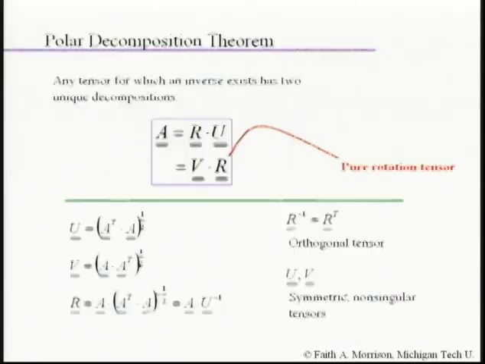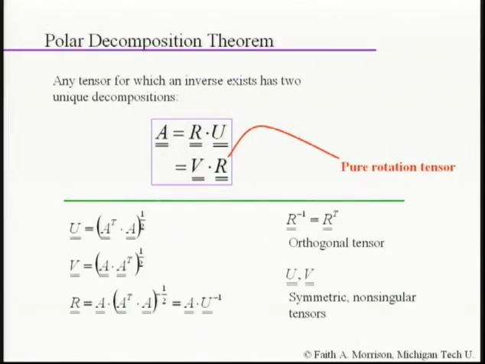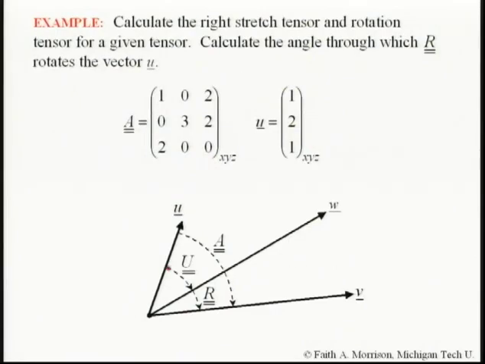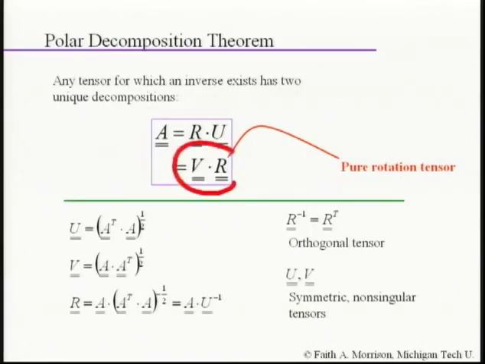Now going back to the decomposition, if I apply A dot u, that's like going R dot capital U dot small u. So I can rotate and stretch it, and then apply the rotation of R. Or I can do this decomposition.